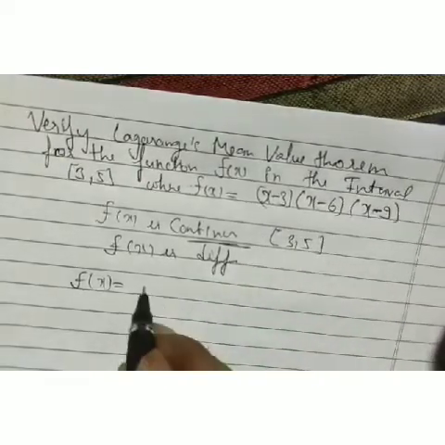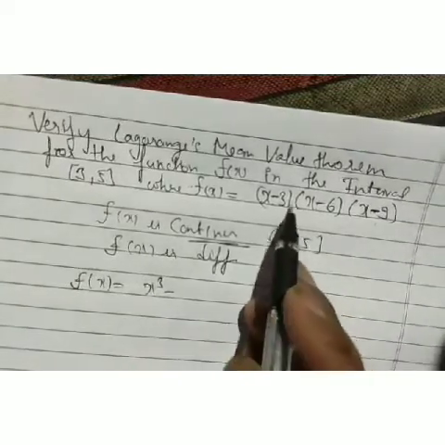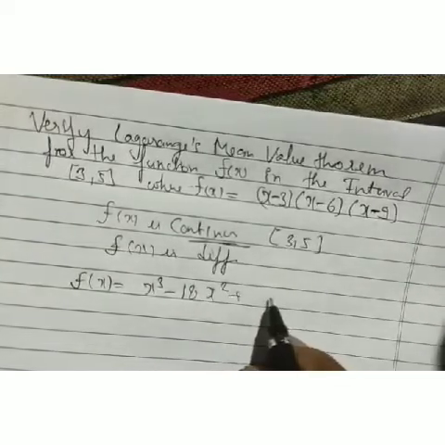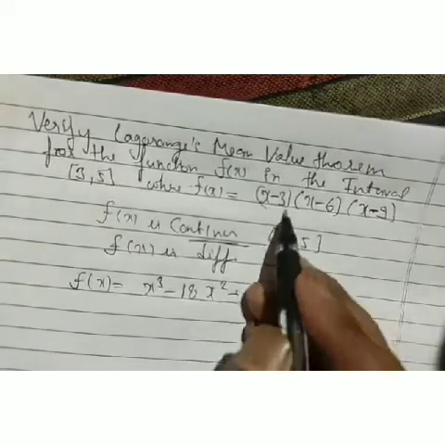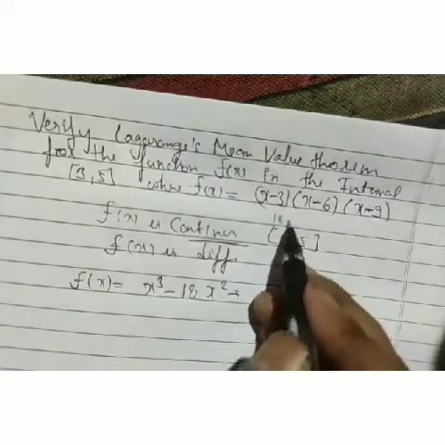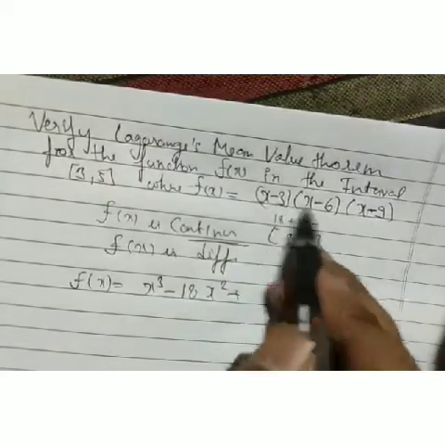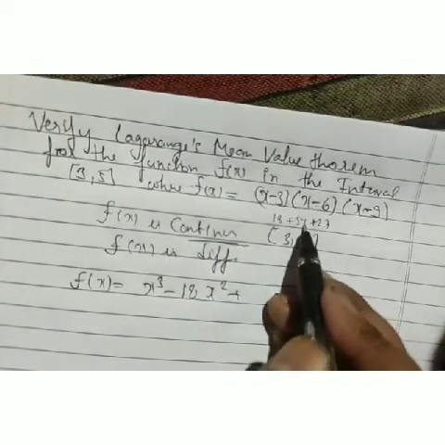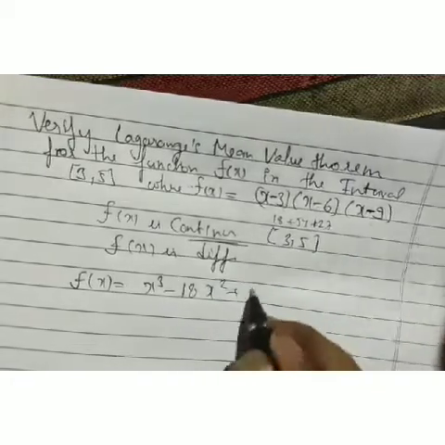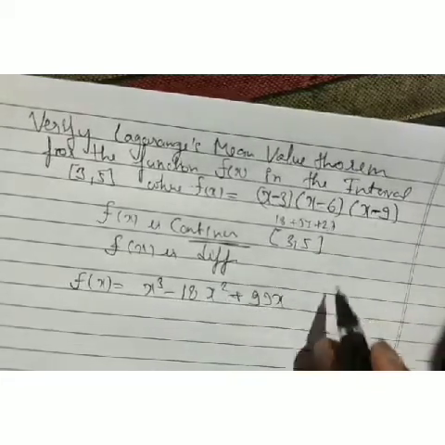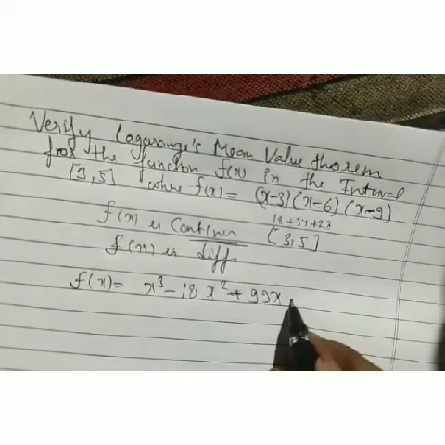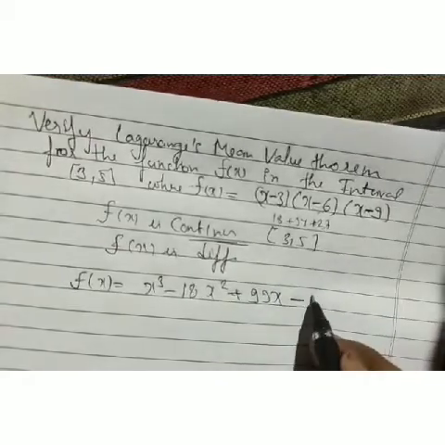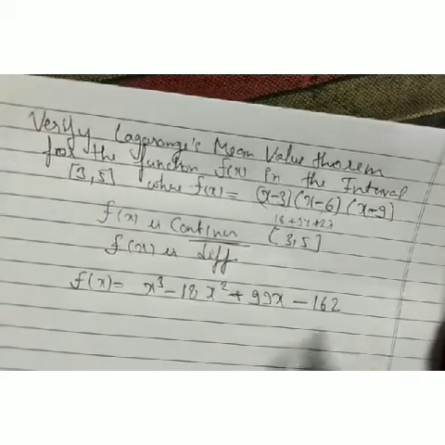Its polynomial form is x cubed minus the sum of the zeros, 18, x squared plus the sum of alpha beta plus beta gamma plus gamma alpha, which is 99, x, minus alpha beta gamma, which is 162.